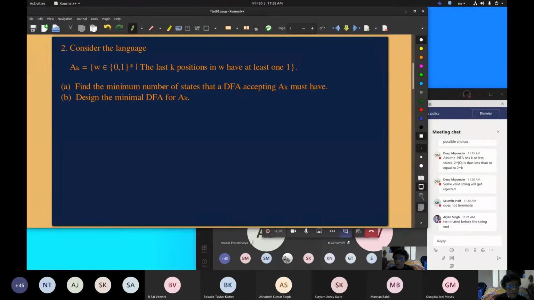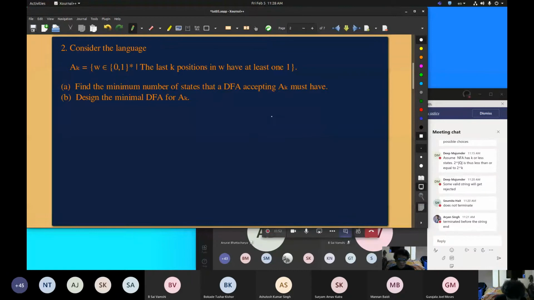So the question is, one thing is certain: if I remember the last k bits read, then I can design a DFA using the same principles as exercise 1.